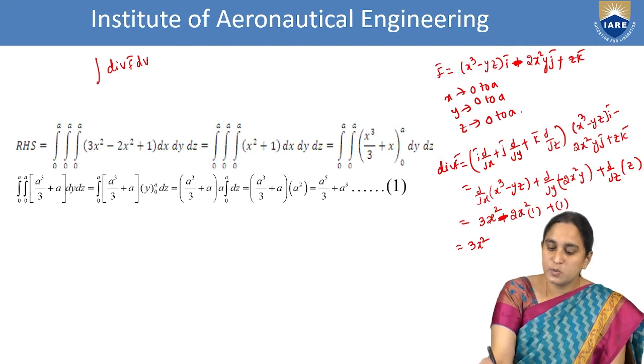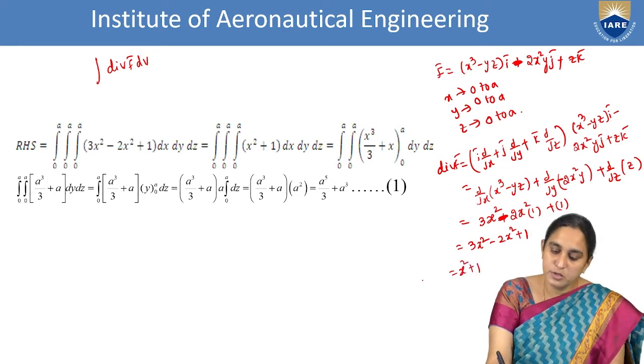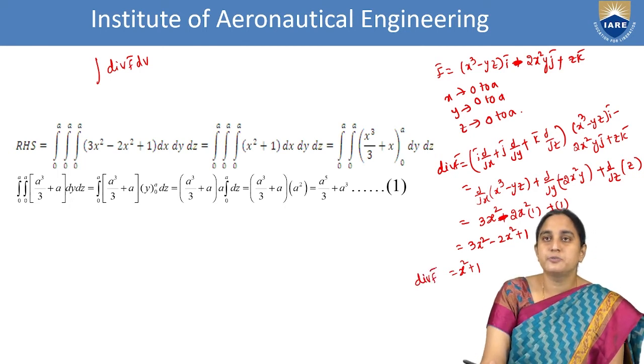That is 3x square, minus 2x square, plus 1, which is equal to x square plus 1. Therefore, divergence of f bar is equal to x square plus 1.